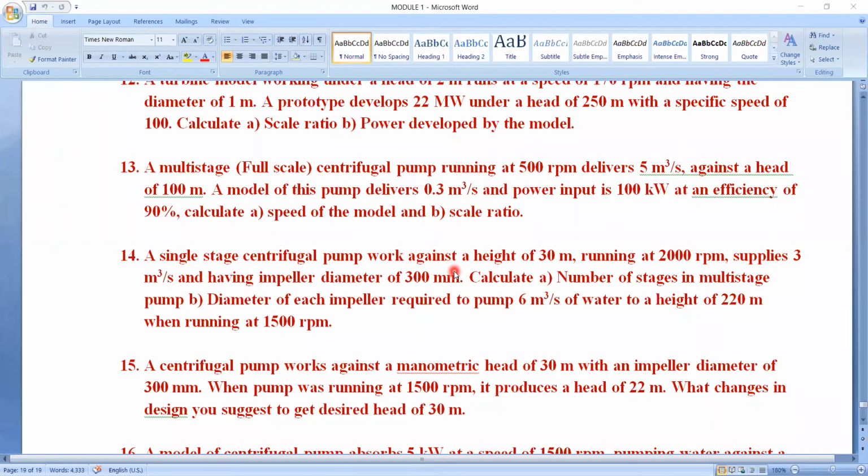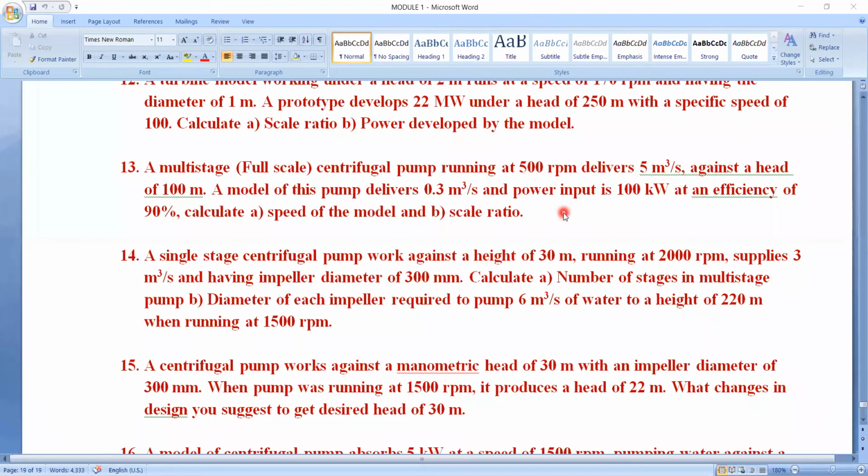Tell me once you have completed it. A single stage centrifugal pump works under a head of 30 meters, running at 2000 RPM, supplies 3 meter cube per second, and has an impeller diameter of 300 mm.